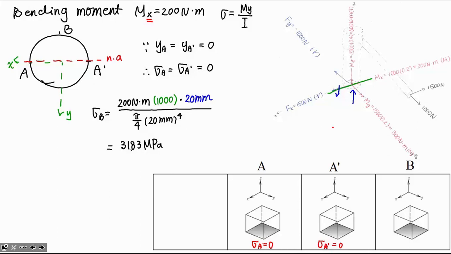Which means your stress will be in the same direction. So B is actually on the tension side, and the lower part will be on the compression side.